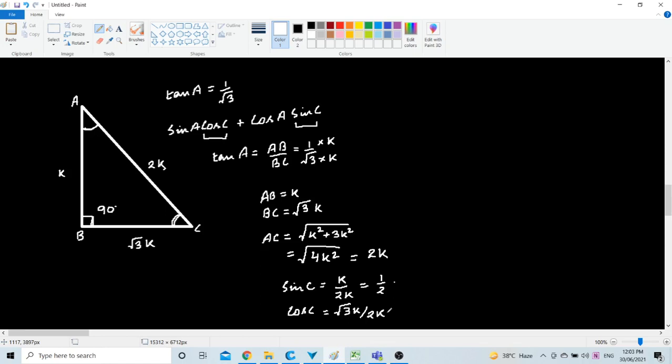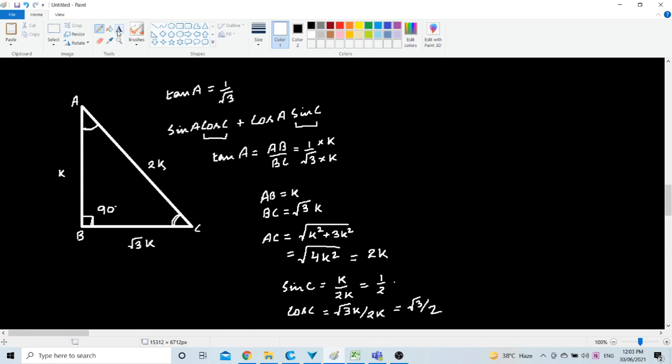Now what we have to do is again the same way as we have done so far. Have a triangle and rotate it. So by this way, A will come down, B will remain here at 90 degrees, and now this will be C. Now this AB, that is base, is k, BC is root 3k, and AC is 2k.